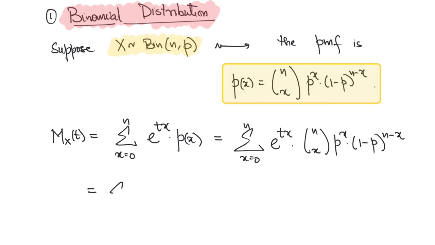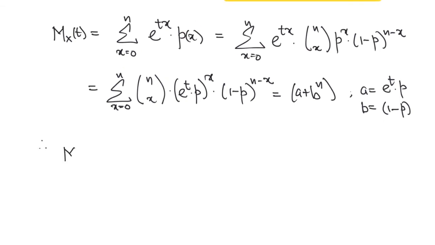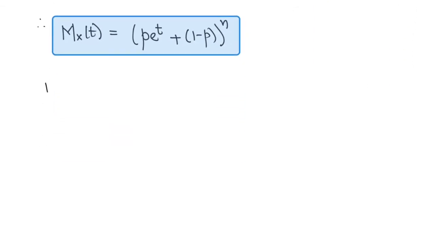If we adjust the terms and notice that we can move the e to the tx into p to the x, we will notice that the moment generating function ends up being equal to p times e to the t plus 1 minus p, the whole raised to the power n.